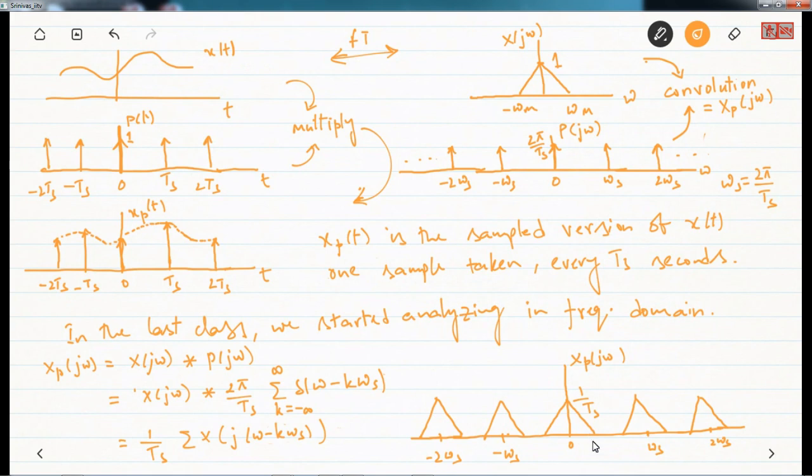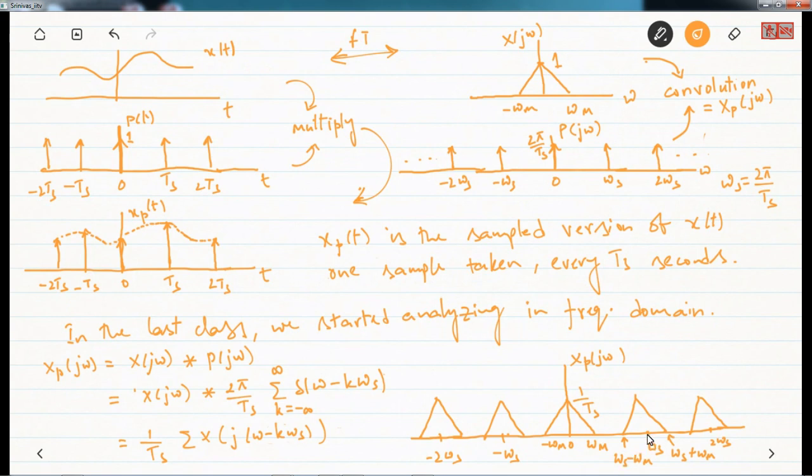What are these? So this is omega m. This is minus omega m. Because this triangle is of width, it is from minus omega m to plus omega m. So this will also be of width omega m, but this point will be omega s minus omega m, and this point will be omega s plus omega m, right?